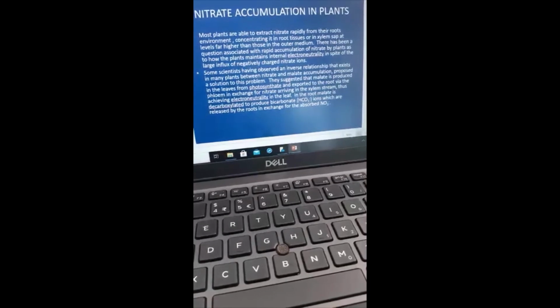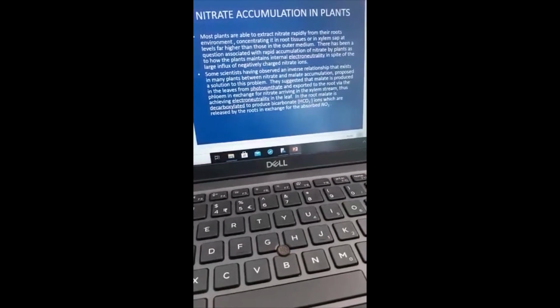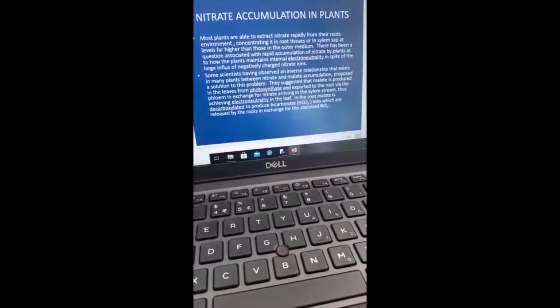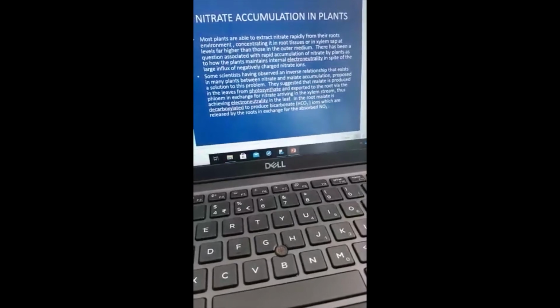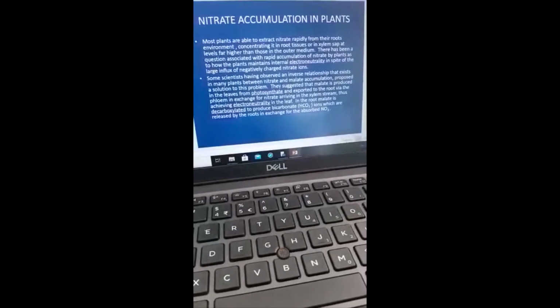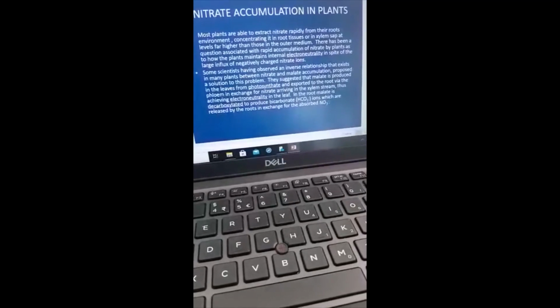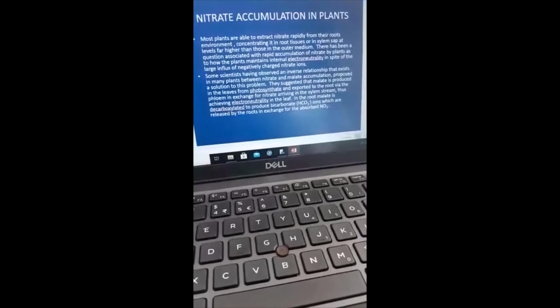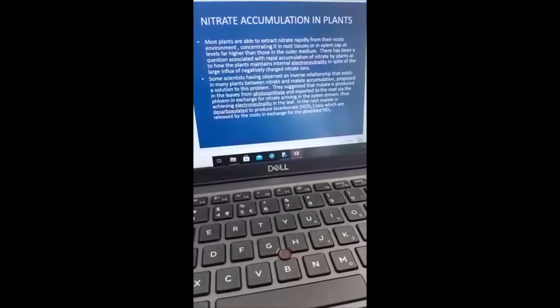So potassium here is considered to be a shuttle. You know what a shuttle does? It picks something from point A, drops it at point B, picks up something from point B, drops it at point A, and it keeps on shuttling between point A and point B. This is what potassium is doing.